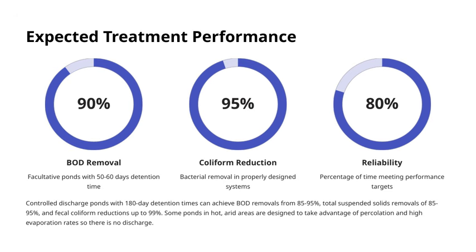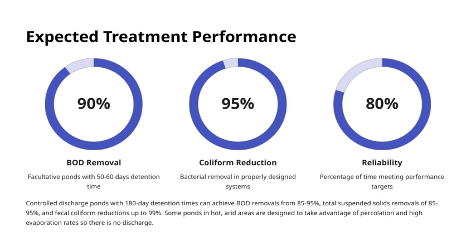Additionally, controlled discharge ponds with longer detention times, up to 180 days, can achieve even higher removal rates. They can remove 85 to 95% of BOD and total suspended solids, and fecal coliform reductions can reach up to 99%. That's a very high level of treatment, especially for systems designed with specific conditions in mind.